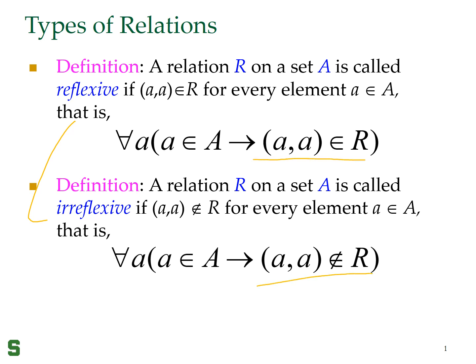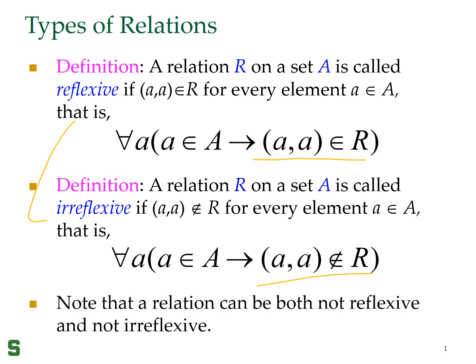So there is something in the middle, which is some pairs could be in the relation, some not, and that will give you a relation that is neither reflexive nor irreflexive. So this is the point that I just made. A relation can be both not reflexive and not irreflexive.